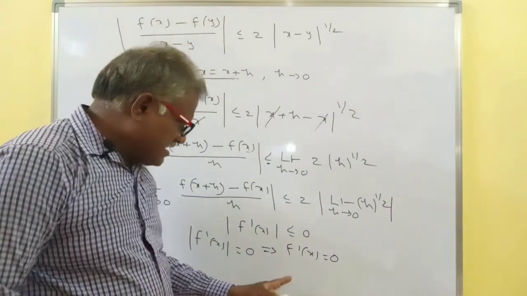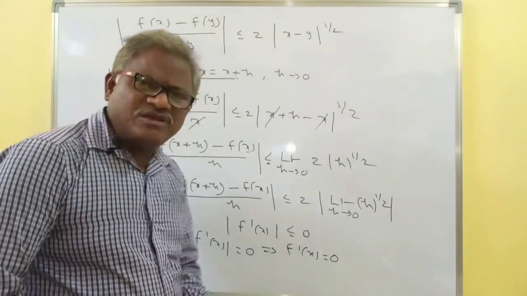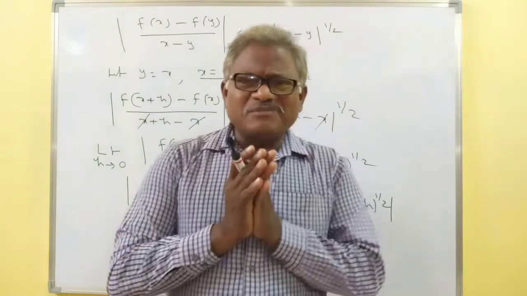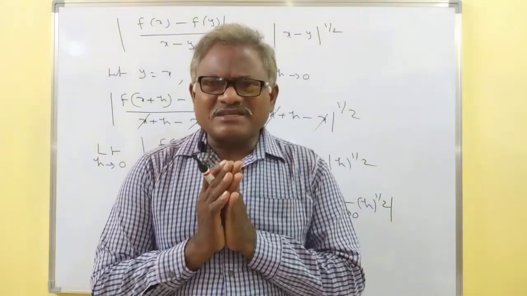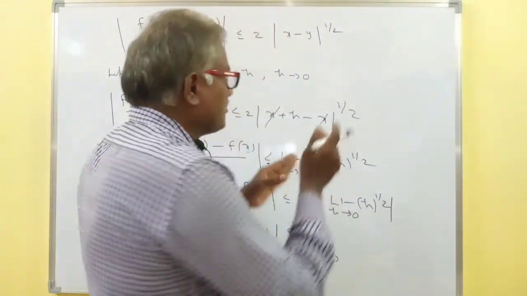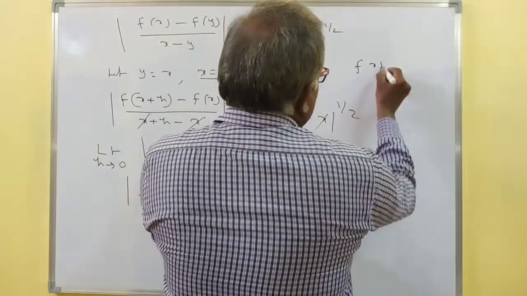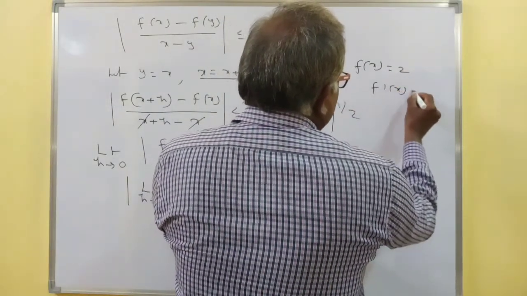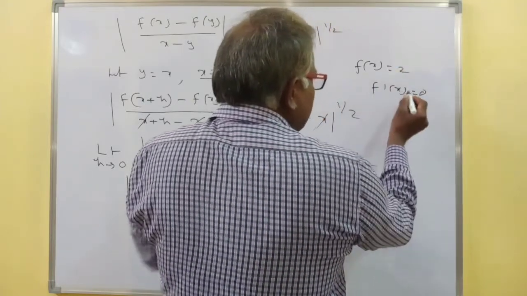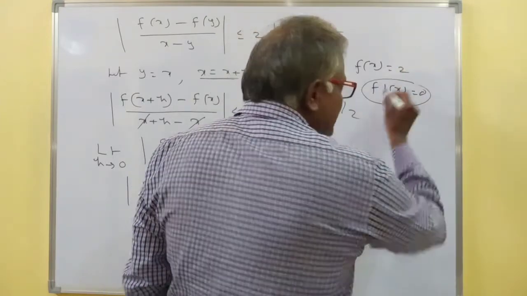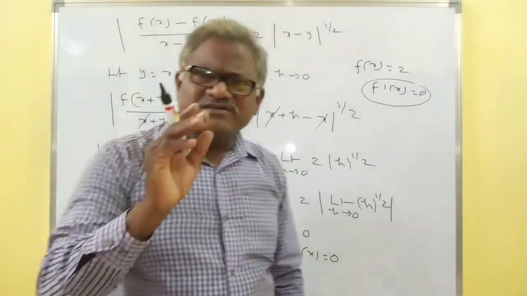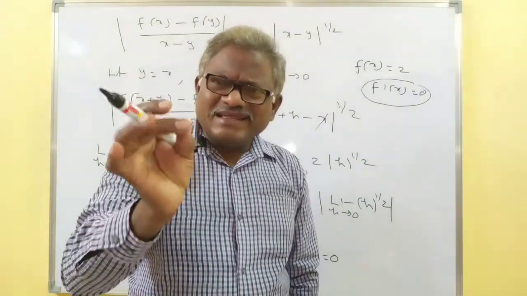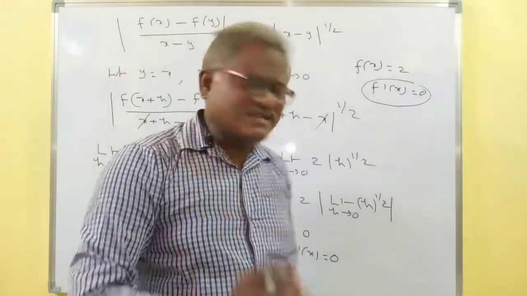That means f dash x is equal to 0. When we obtain 0 for a derivative of a function, if you observe, suppose f of x is equal to c, f dash x is equal to 0. So whenever the derivative of a function is equal to 0, clearly that function must be a constant function.